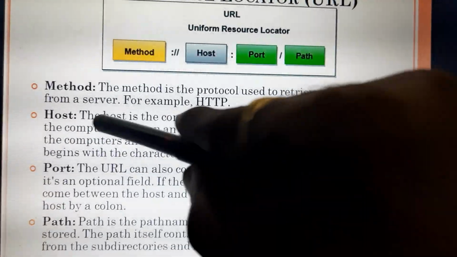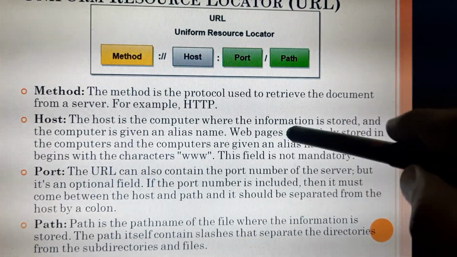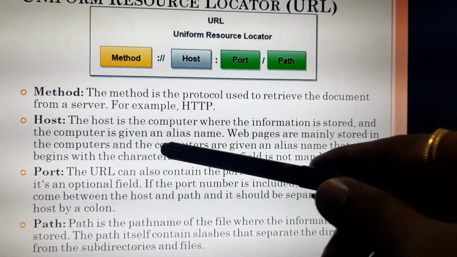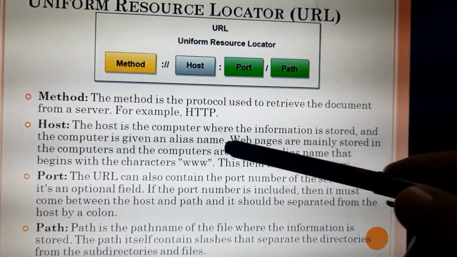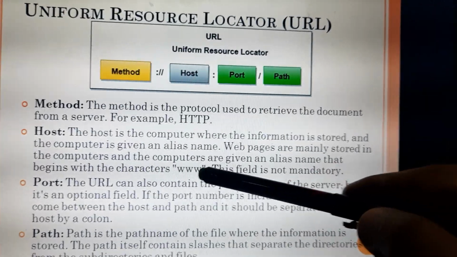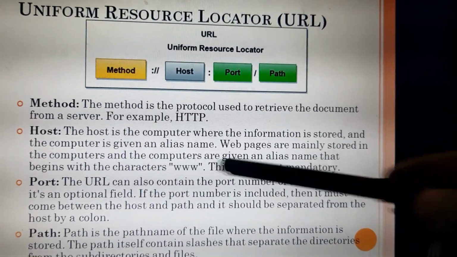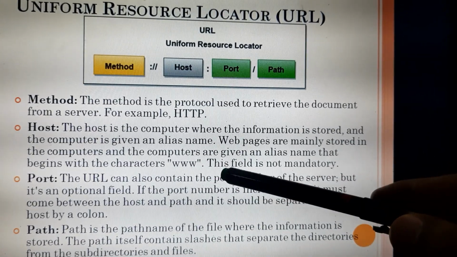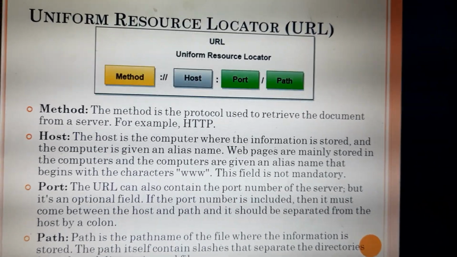The host is the computer where the information is stored, and the computer is given an alias name. Web pages are mainly stored in the computer, and computers are given an alias name that begins with the characters www. This field is not mandatory.